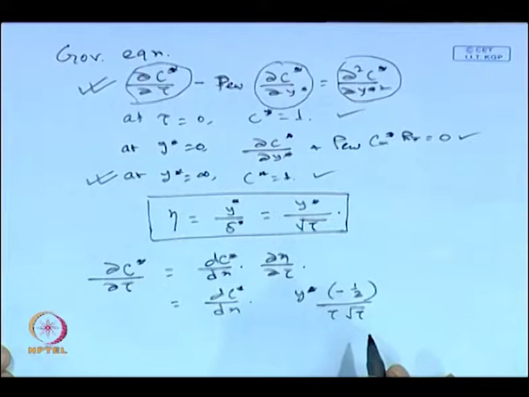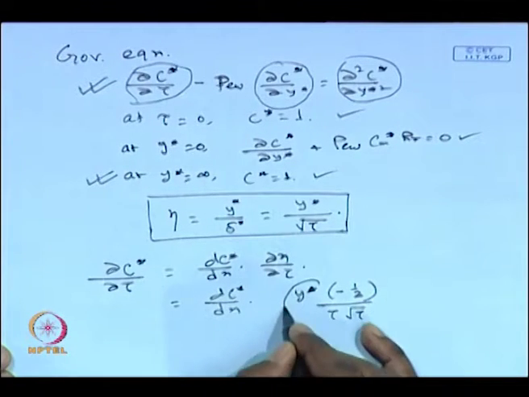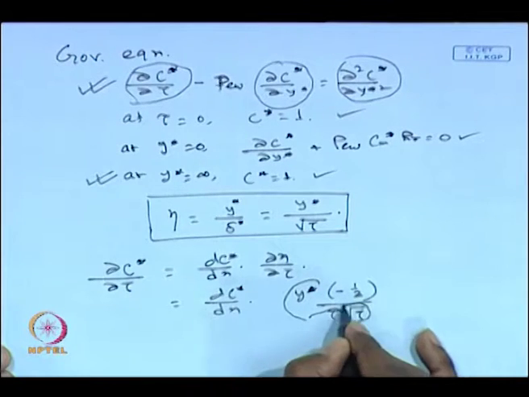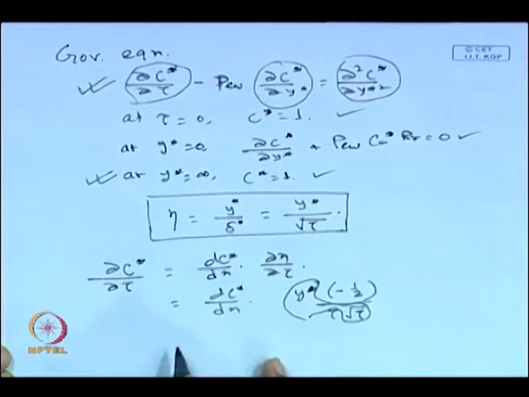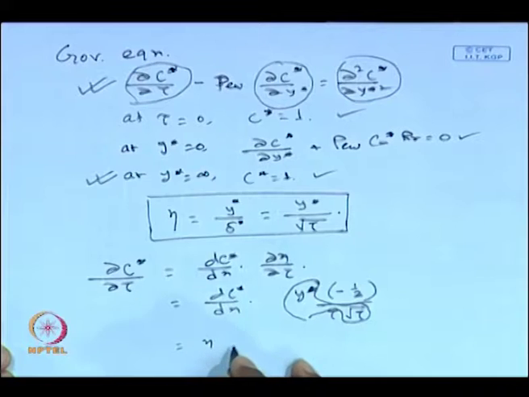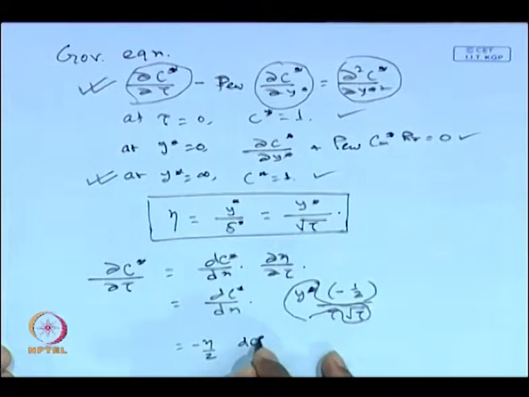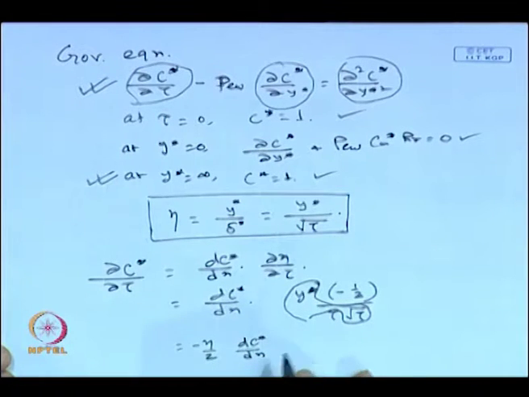Now, y star by root over tau becomes nothing but eta. So, this becomes minus eta by 2 tau dC star d eta.